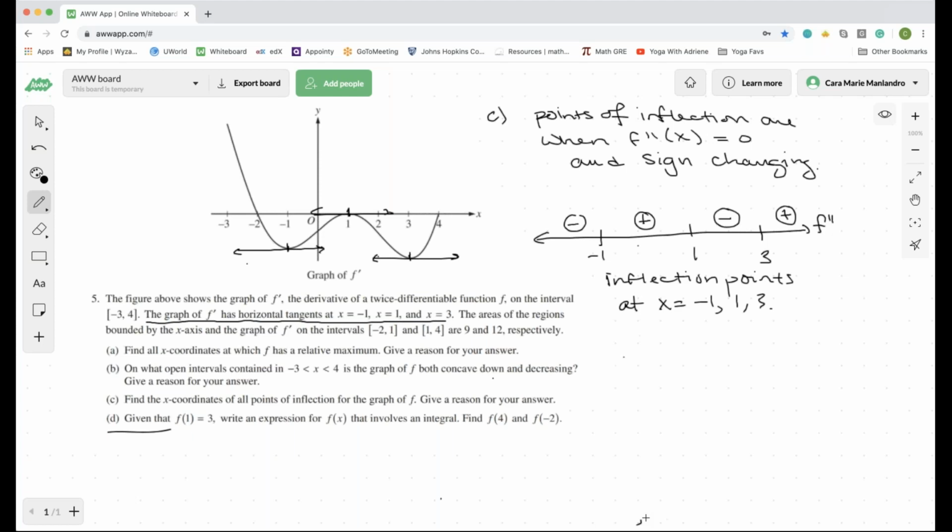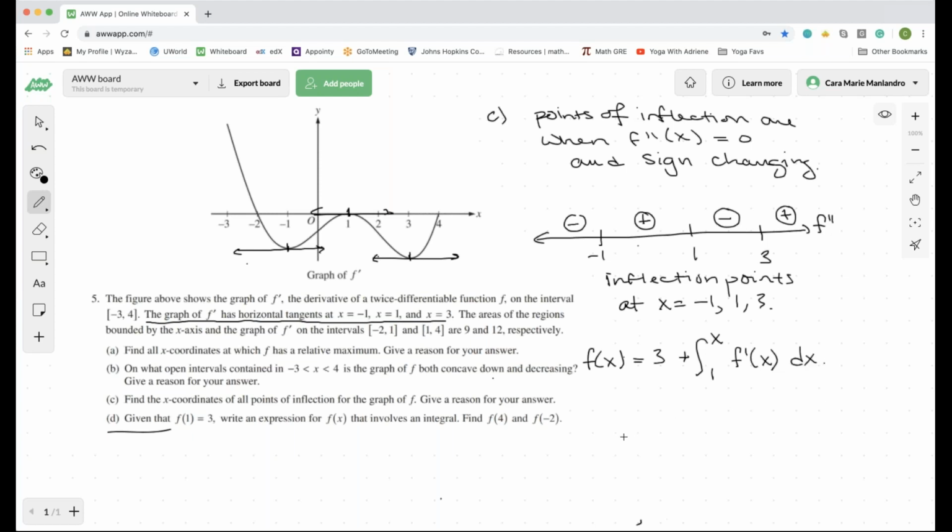All right, everyone got something written down? All right, f of x is going to be equal to where I'm starting, which is 3, plus the integral from 1 to x of f prime of x dx.